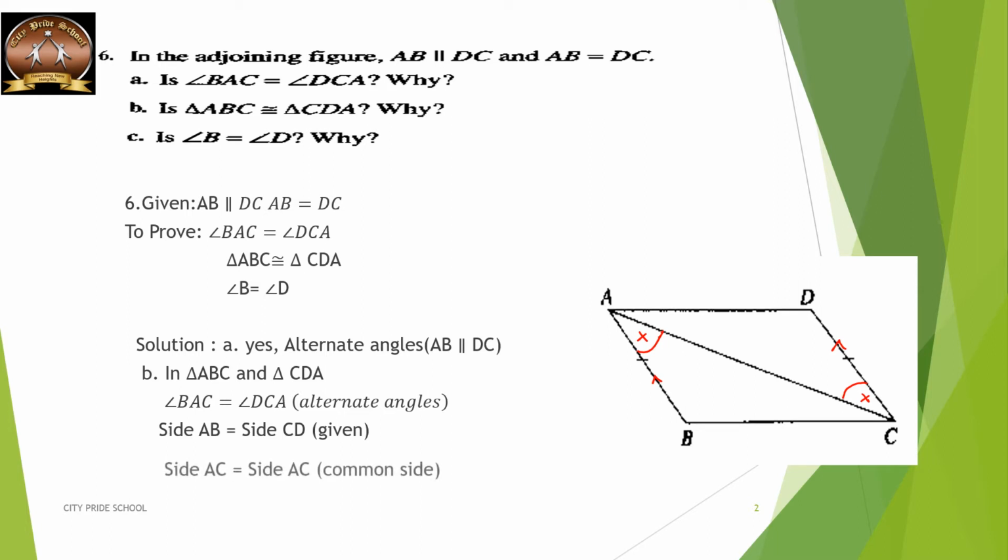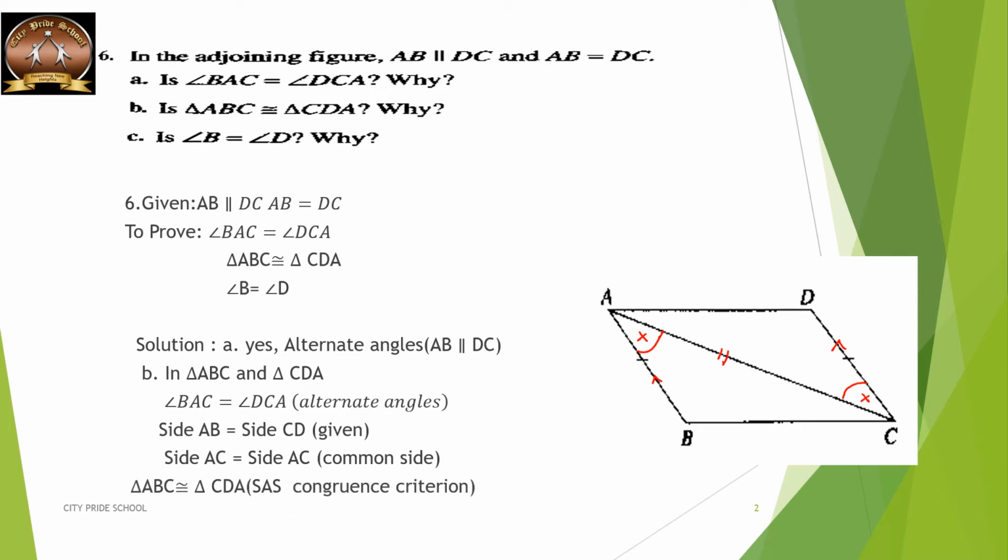And you can say that the third side, that is AC, is common to both these triangles. So these two triangles will be congruent by SAS congruence criterion. Now you can say that angle B is equal to angle D, once you prove these two triangles are congruent, by CPCT.